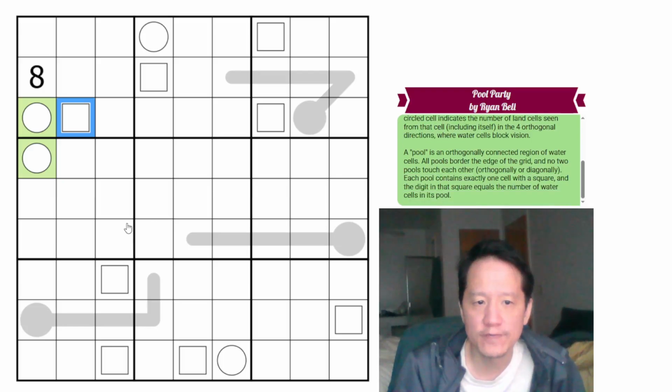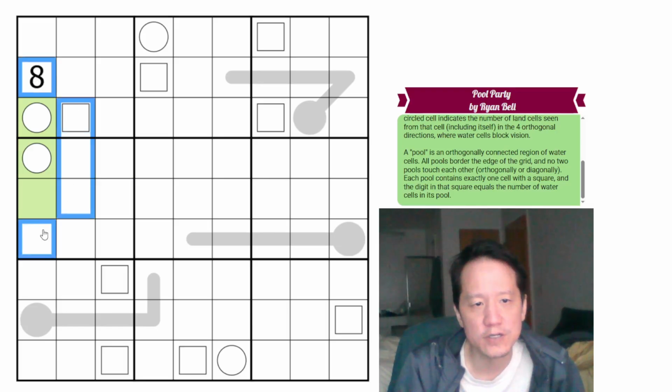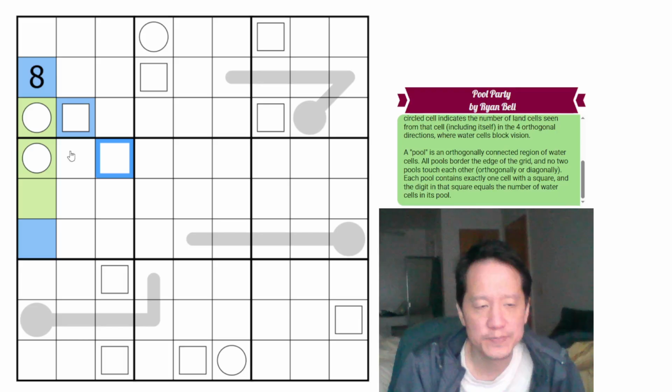Okay, so therefore, every circle indicates the number of land cells seen from that cell, in the orthogonal directions, which means in the directions that are horizontal or vertical to that cell. So say we had this, right? Say it was here, and these are essentially water cells.